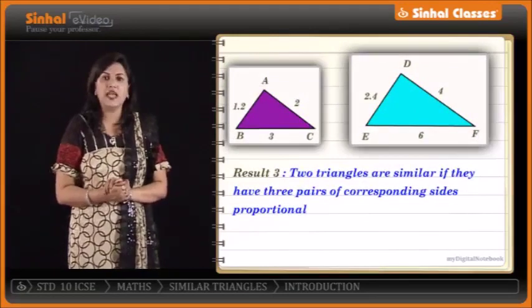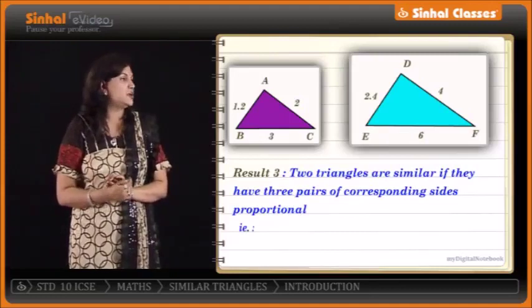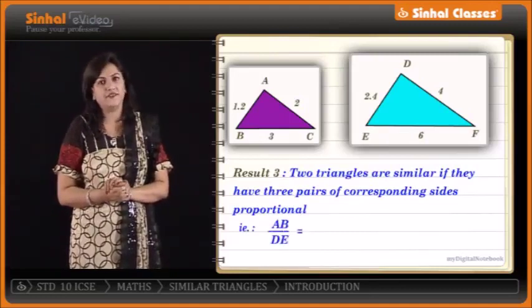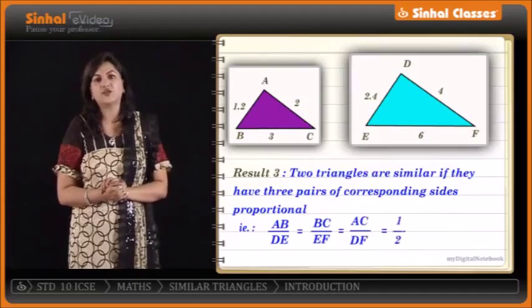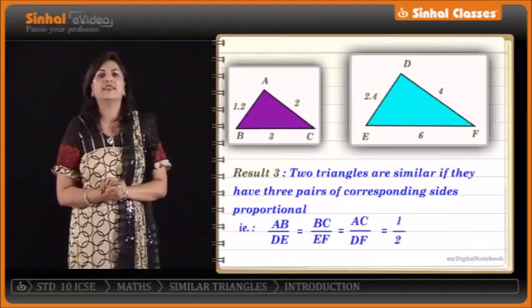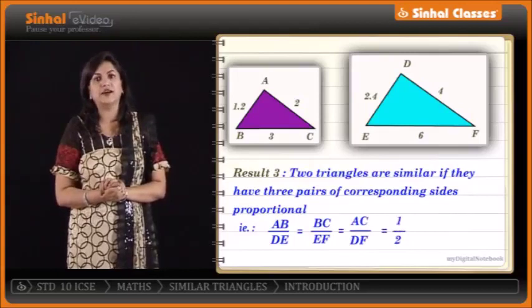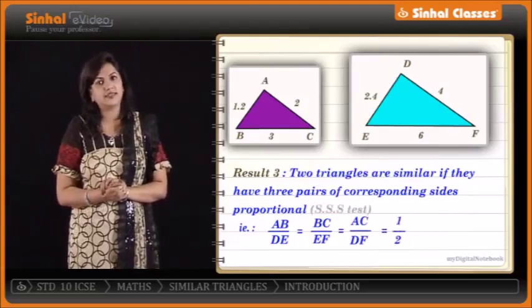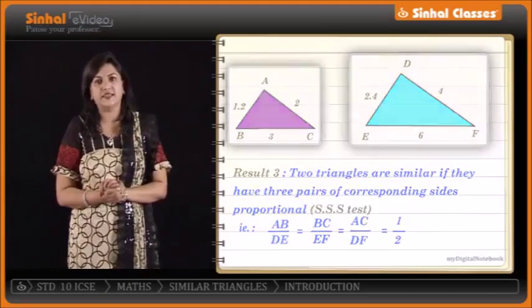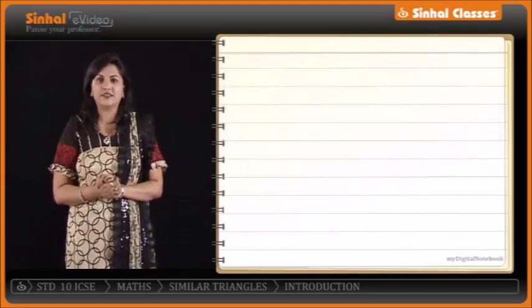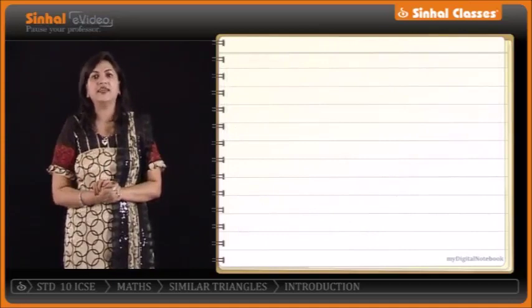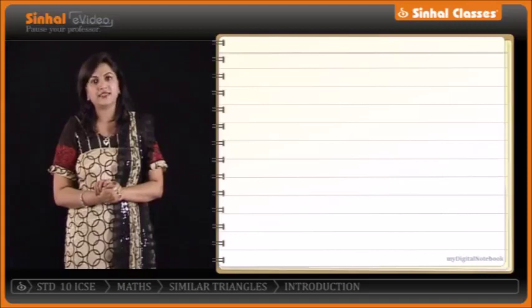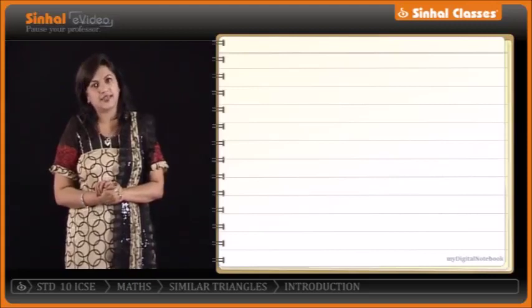That is, AB upon DE equals BC upon EF equals AC upon DF, which is equal to half in this case. Then these two triangles will be similar by SSS test of similarity. I hope you have understood this. So we have three tests to test similarity, that is SAS test, AAA test and SSS test.